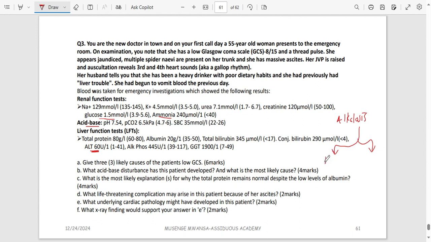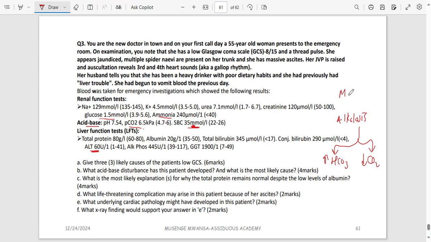In alkalosis, if bicarbonate is high, then it is metabolic. If carbon dioxide is low, then it is respiratory. So let's look at carbon dioxide. Carbon dioxide is high, so this means it's not respiratory. Bicarbonate is also high. So bicarbonate being high means it's metabolic.